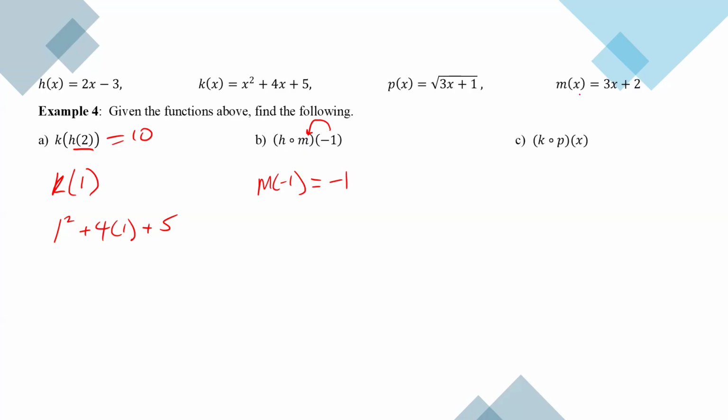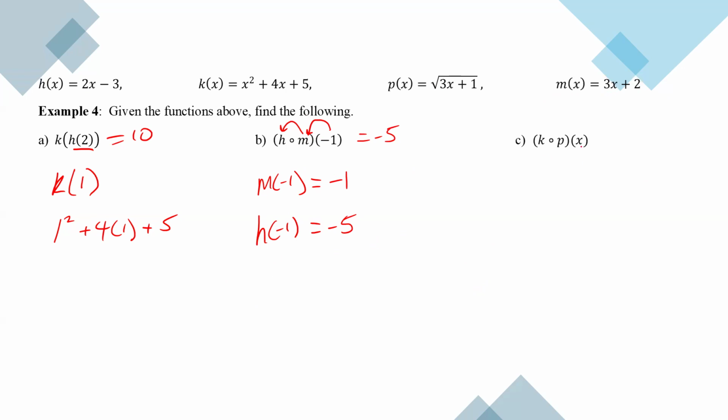If I plug -1 into m, I get -1. Agreed? Now I take that result and plug it into h. So now I'm looking for h of -1. What is h of -1? -5. So my final output is -5.